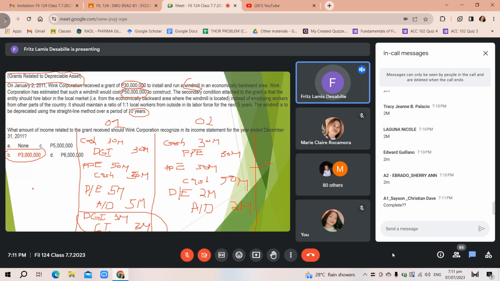Because wala na tayong i-entry nga grant income, because wala tayong deferred grant income nga gi-recognize initially. So complete na siya. Now, in this case guys, tan-awa sa kaniadto nga case sa option 2.